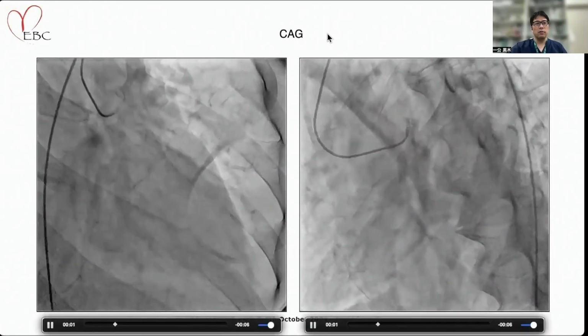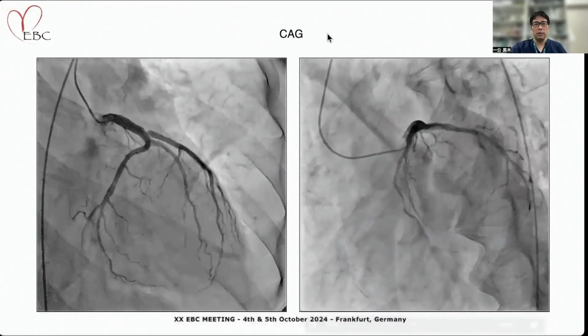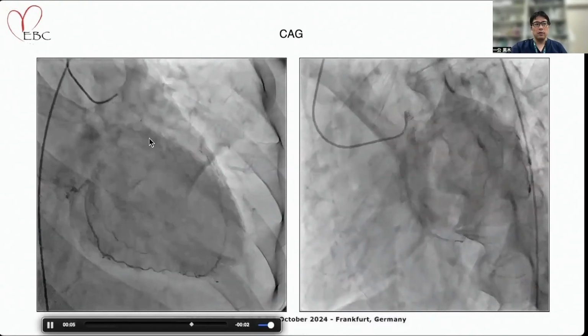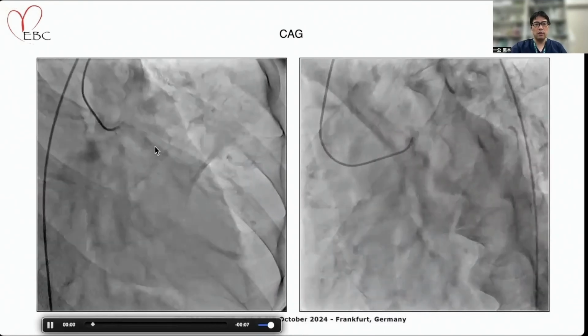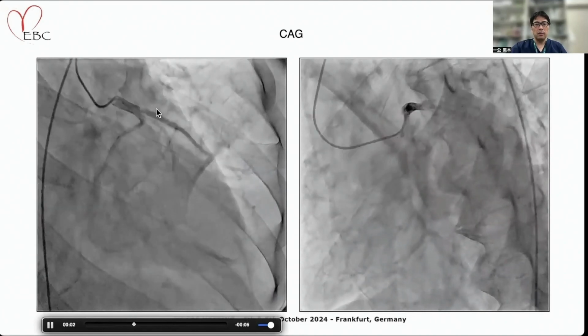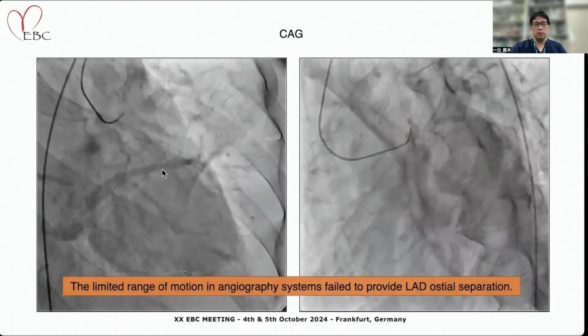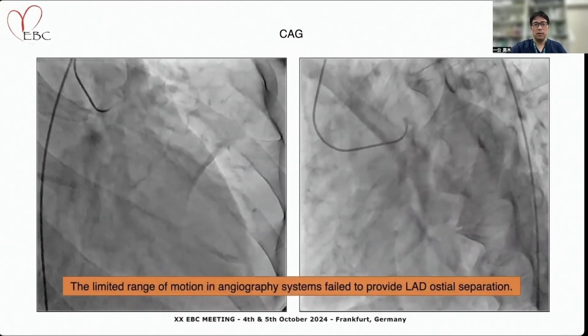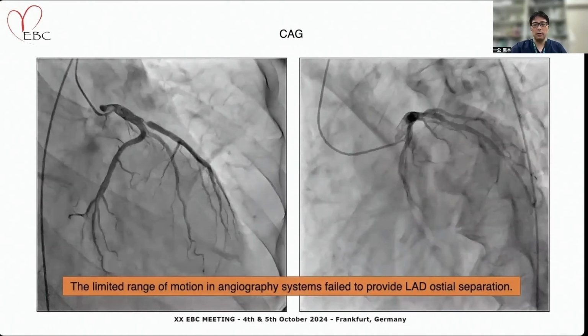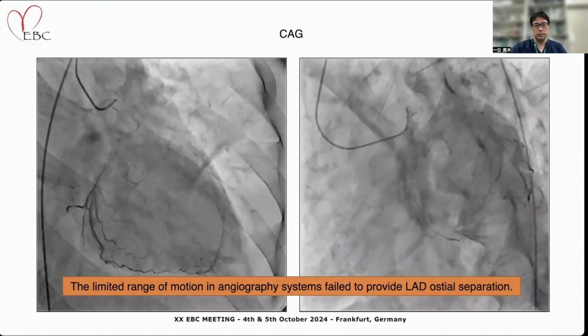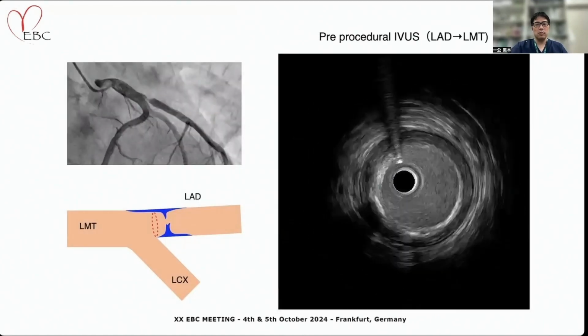So we will show you a case of a forties male with effort angina. Angiography revealed an ostial lesion in the LAD, Medina 010. However, the limited range of motion in angiography systems failed to provide LAD separation. And this is the IVUS image.